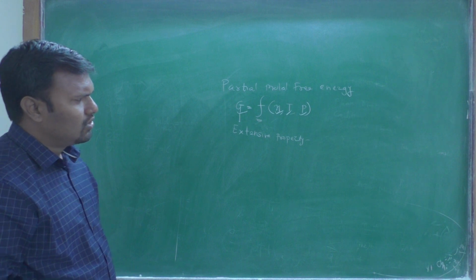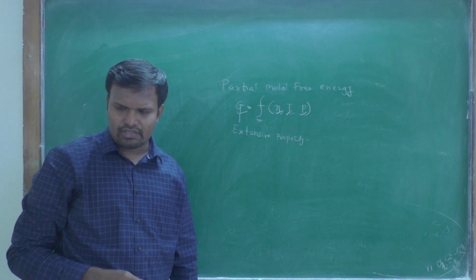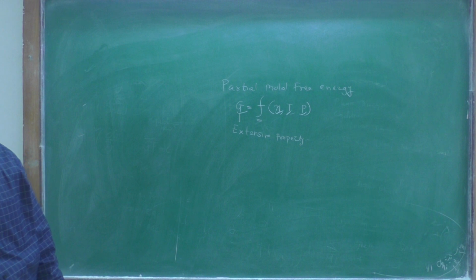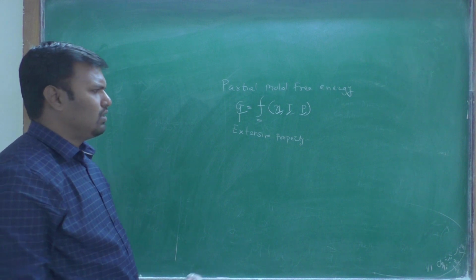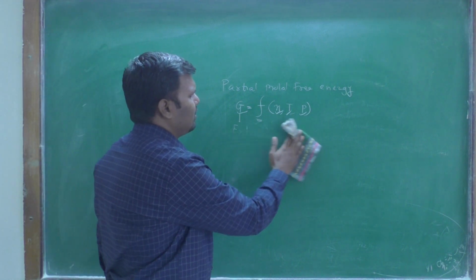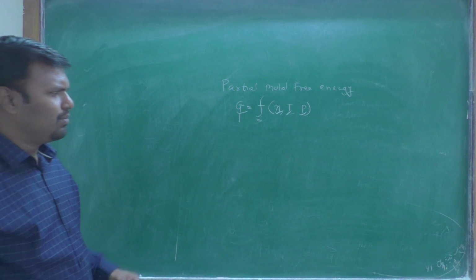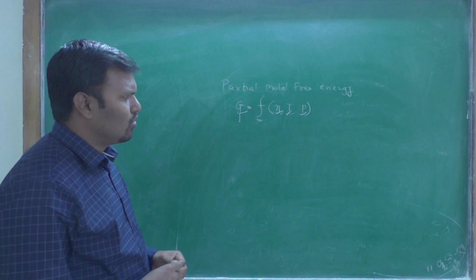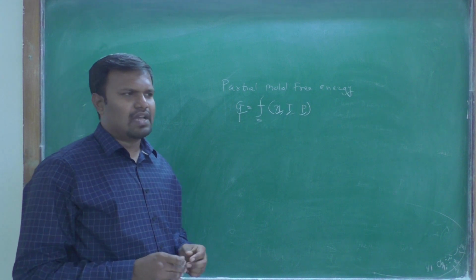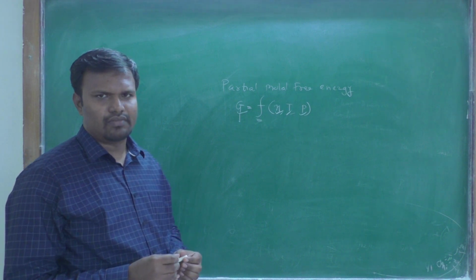Therefore, to find the change in free energy for such systems, where the property depends upon a number of variables, we have to use the partial differentiation method.